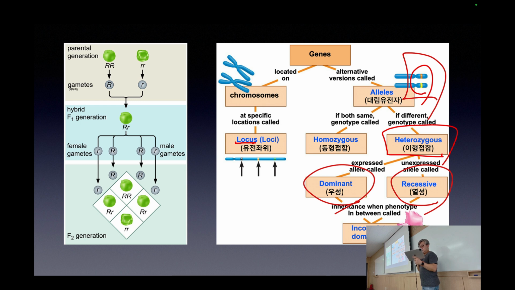Although on some occasions these two alleles behave like the blending theory, with some halfway mixture. If you cross a red flower plant and a white flower plant, and you anticipated that red is dominant over white, so all the offspring should be red.